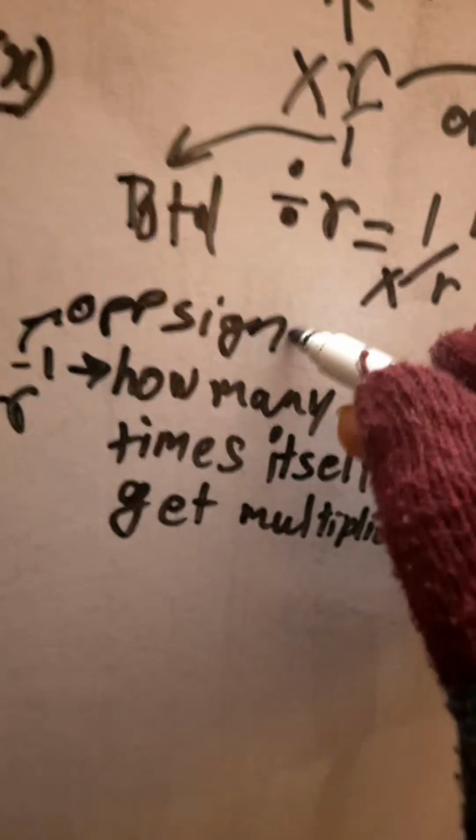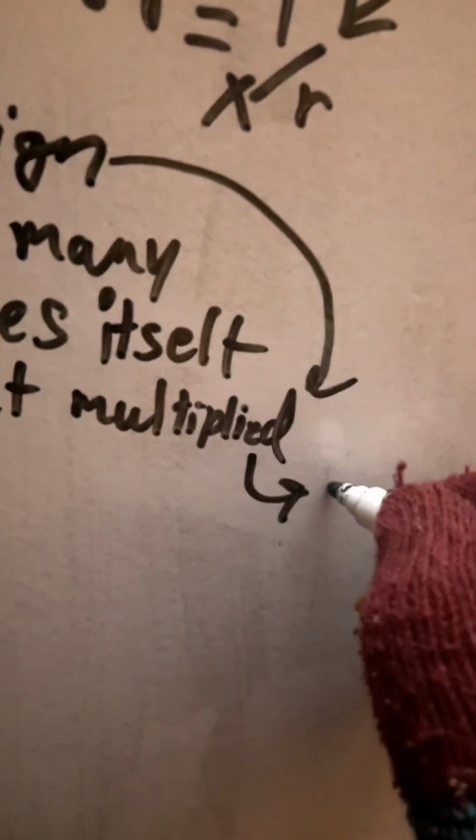That means how many times itself it gets multiplied. So if I put minus here, this is the opposite sign. So something opposite is going to happen. So what is the opposite of multiplication? It is division.